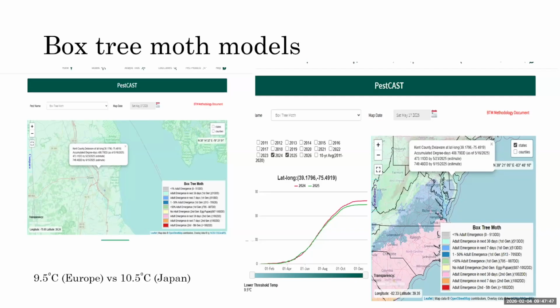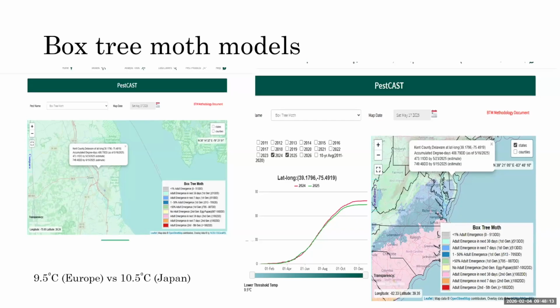But predicting when they're going to be active, this was the 17th of May, so close to when you had mentioned. What they were saying is that we should have adult emergence in the next 30 days, when we had actually already seen adult emergence.